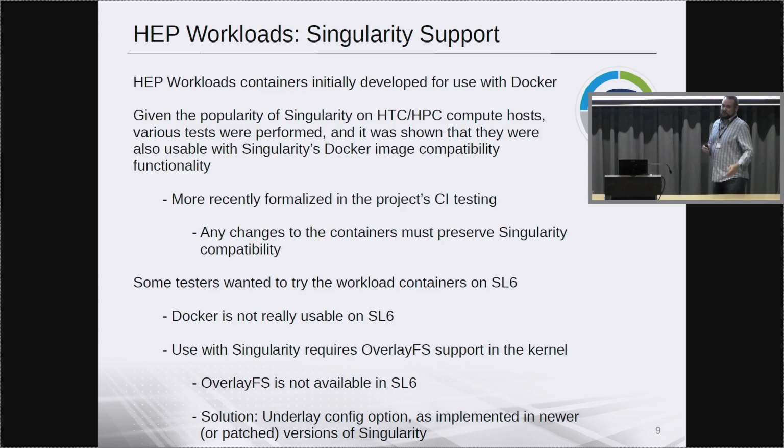Unfortunately, OverlayFS is not available in SL6, so the solution was to use underlays, a configuration option in Singularity that creates all the directories you need and bind mounts into there. This is only available in newer versions of Singularity, or in patched older versions, for instance, in the packages that OSG supplies.